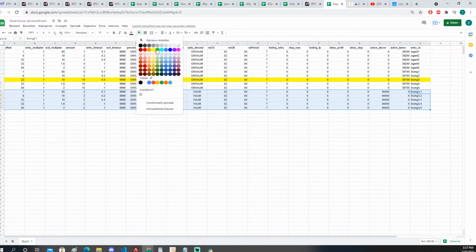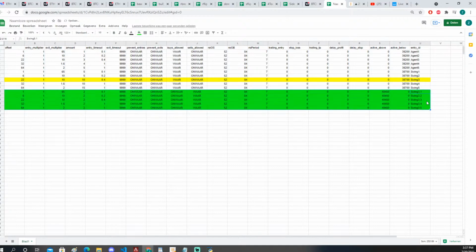These children are only allowed to be activated after its parent has entered a position. That's the relationship between parent and child. A child can only activate after a parent is in a trade, so has a filled order basically.